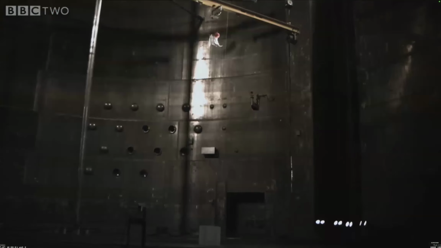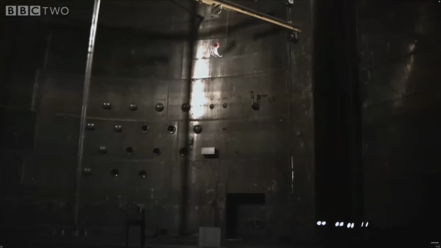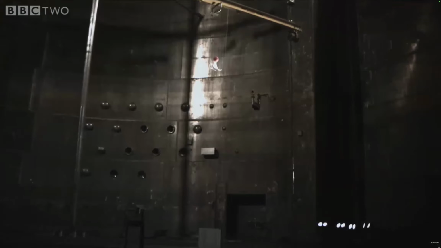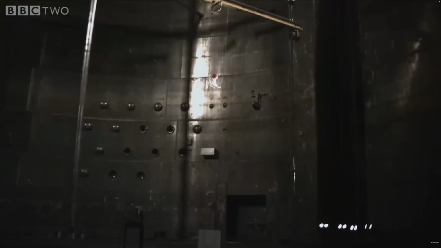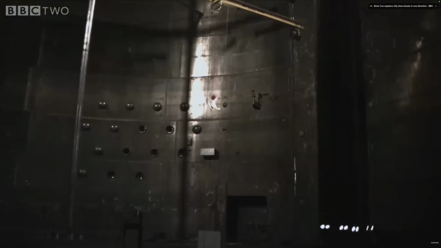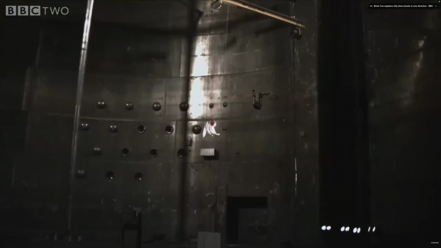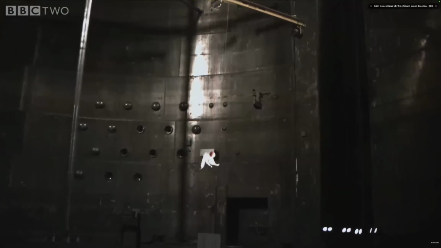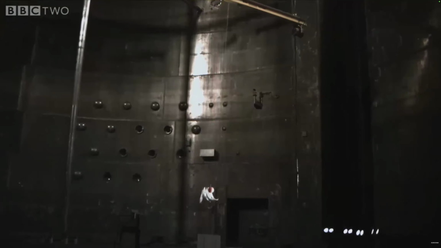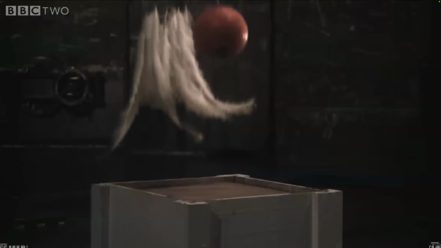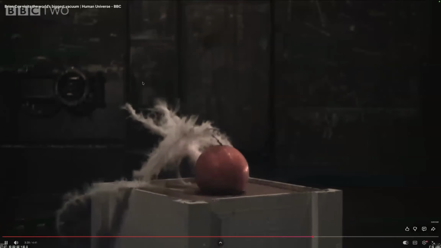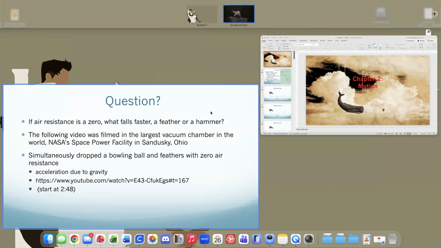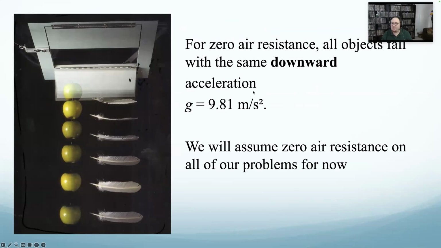Without air resistance, all things fall at a rate g. It doesn't matter if it's a hammer, a bowling ball, a feather, or that post-it note I was doing. If you have no air resistance, everything falls at g. Always. The reason sometimes other things might go slower is because of that air resistance.